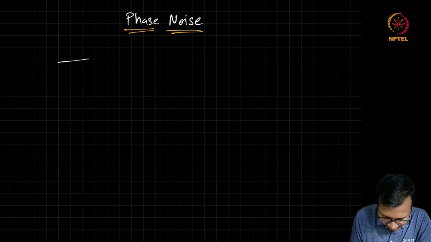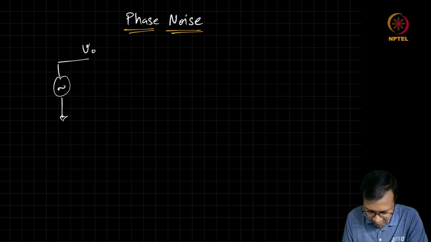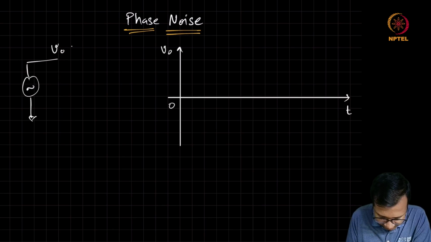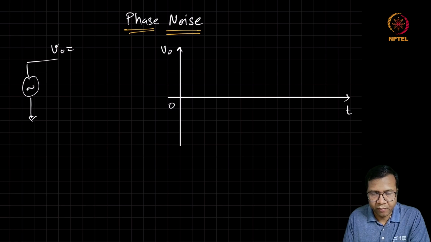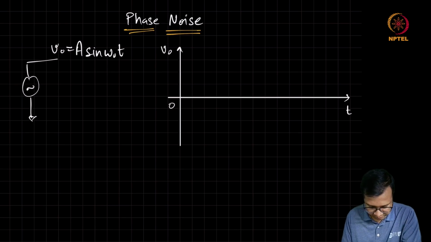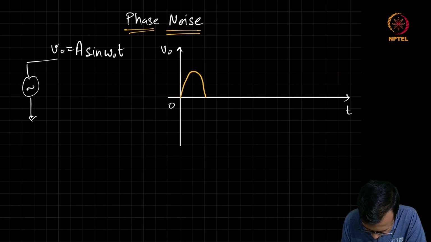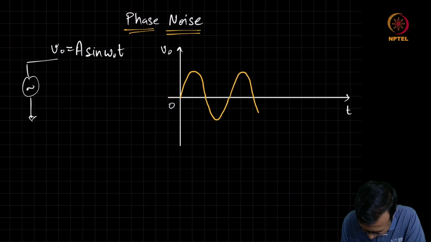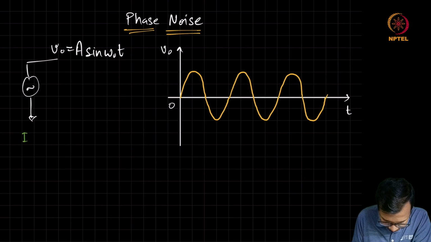So if we talk about an ideal oscillator, let's say this ideal oscillator is generating a perfect sine wave with amplitude A and angular frequency omega naught. This is an ideal oscillator.